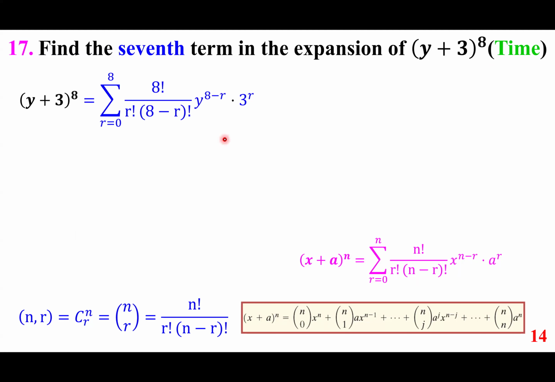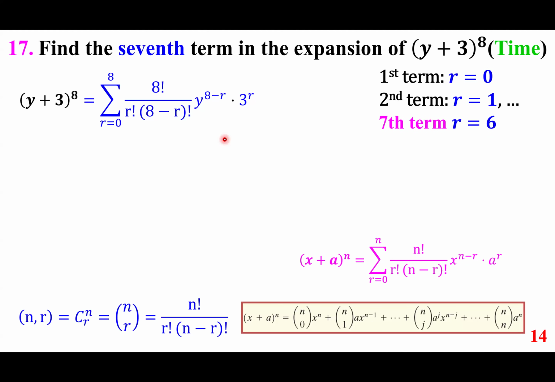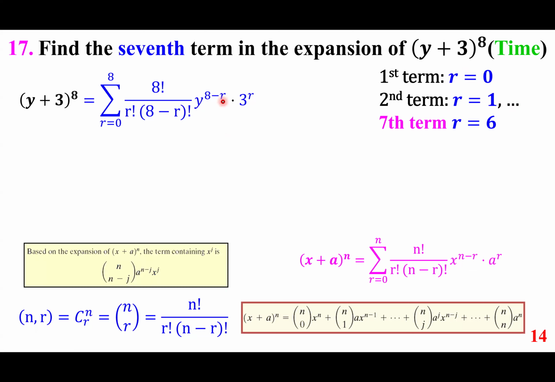An easy way out: there are some formulas that we can use, but the easiest way is to notice the first term r is 0, the second term r is 1, the third term r is 2, and so on. So the seventh term r must be 6. That's the idea. So this means the combination of 8 choose 6, replacing r with 6.